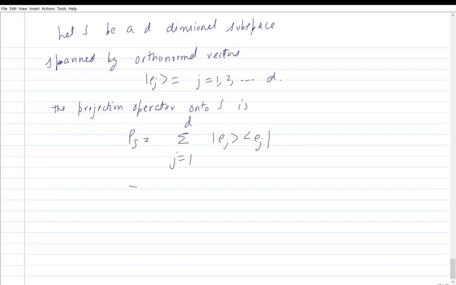This structure is going to project any vector onto this particular subspace. And this is going to be a unit operator in that particular subspace S. But this is the way I define or generalize the notion of projectors to d-dimensional space.